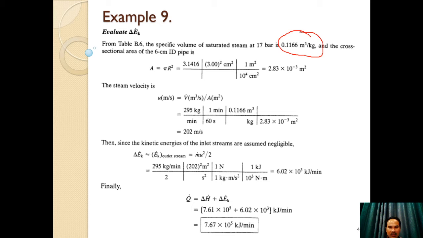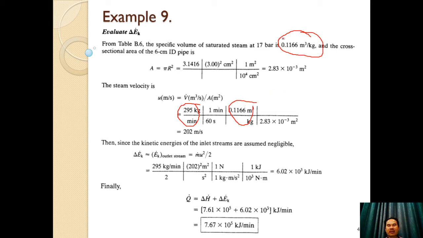And also you can determine the volumetric flow rate. For this case, the volumetric flow rate equals mass rate multiplied by specific volume. This is the V dot.